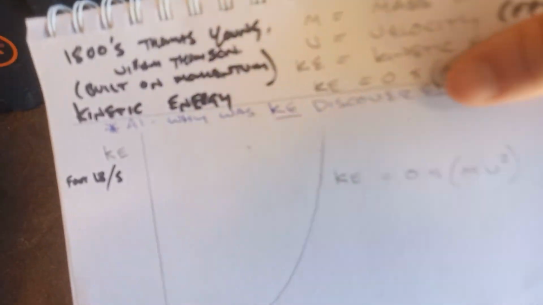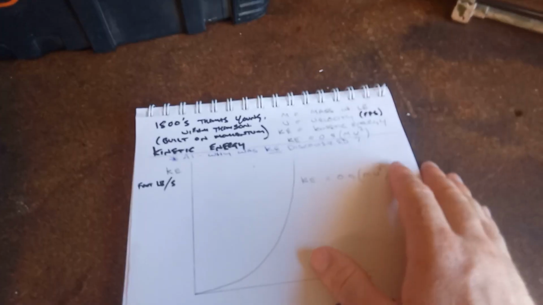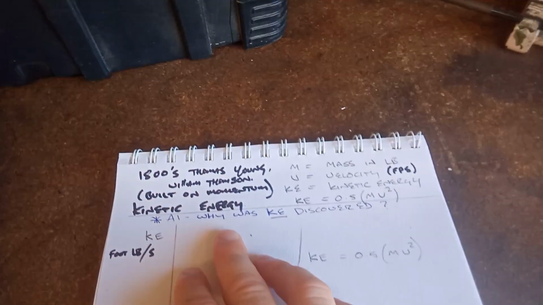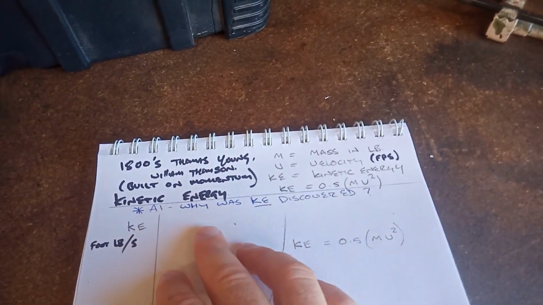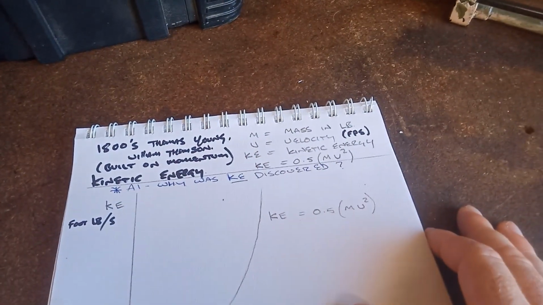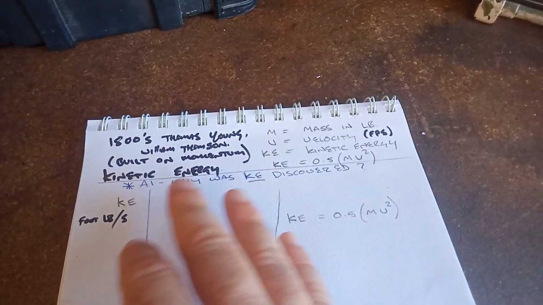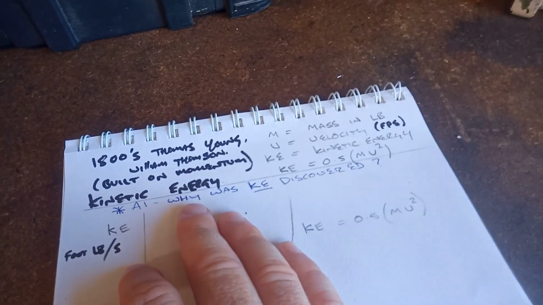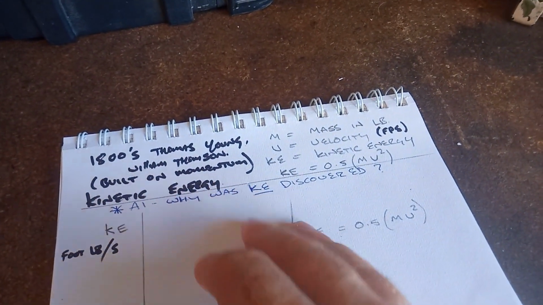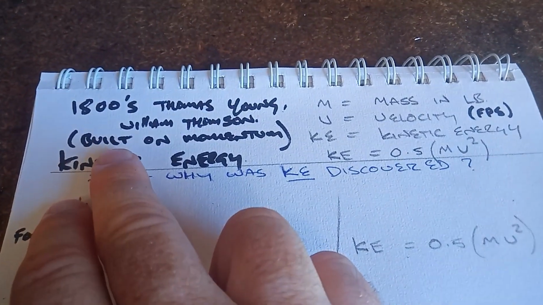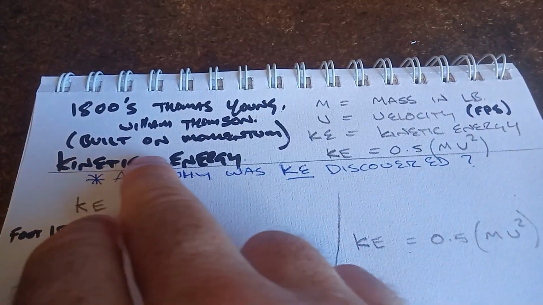And we all know Isaac Newton by name, but fewer people have ever heard of these names, particularly in the archery world. And we don't really know why kinetic energy is a thing, generally speaking, especially in Australia. So why this is important to know is because we need to know why kinetic energy was formed in the first place, right? And I've put here in brackets, it was built on momentum.